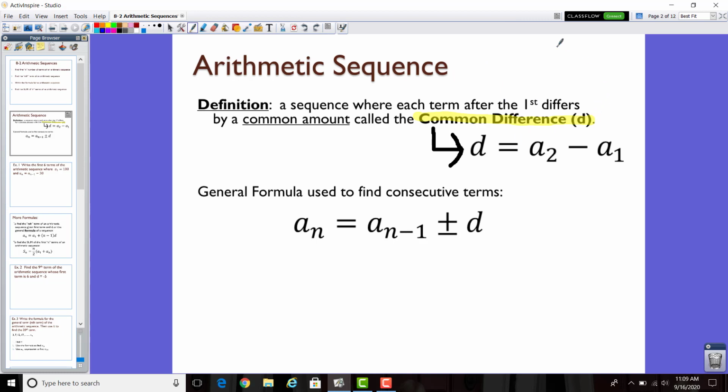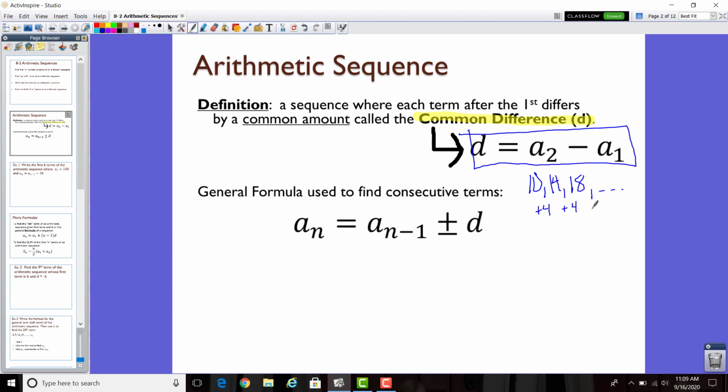If it's not given to you, but you need it to be able to calculate other parts of these concepts, your d can always be found by taking two consecutive terms and subtracting them. So if I have, say, the pattern 10, 14, 18, so on and so forth, obviously for most of us, we are able to see that we are adding 4 to each term.